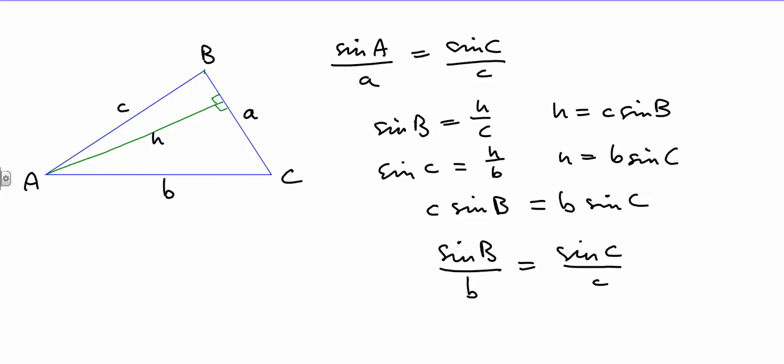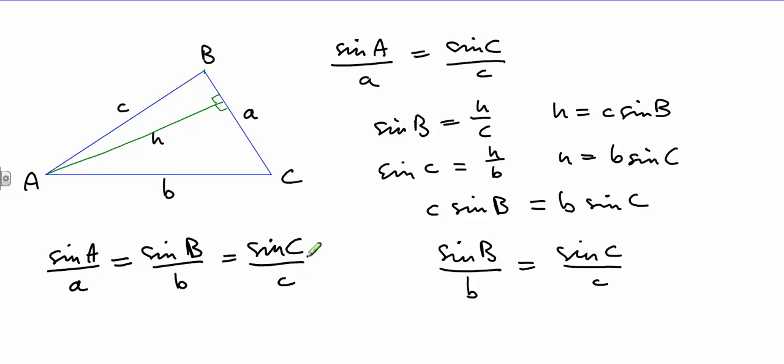And so sine A over a equals sine C over c, sine B over b is sine C over c, so all three must be equal, and we have sine A over a equals sine B over b equals sine C over c. So there are three equations there. Sine A over a equals sine B over b.